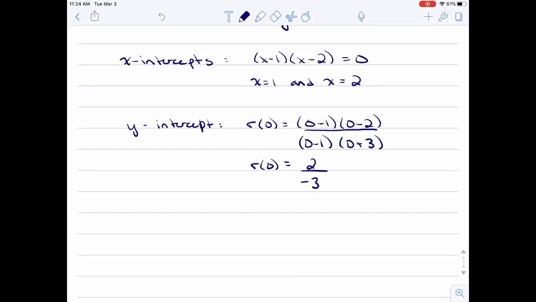One thing I haven't done is look at the behavior of this thing as I'm approaching this vertical asymptote of negative 3.